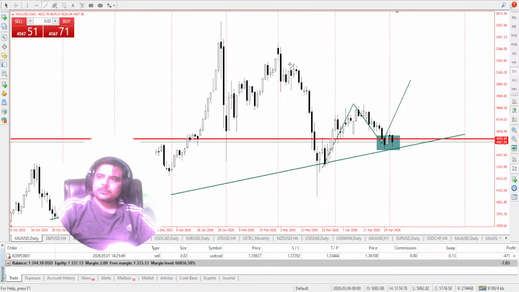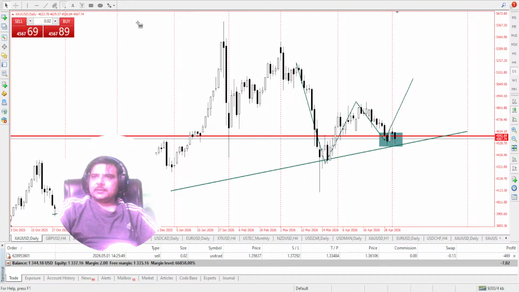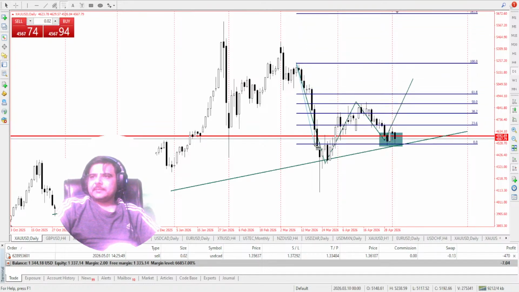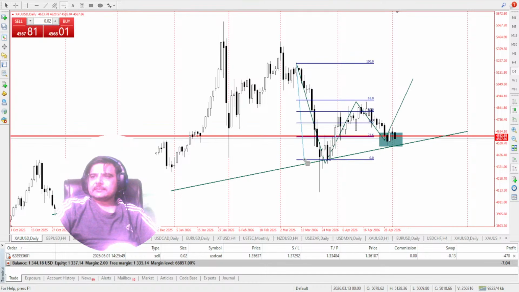Oh, gold stopped out. No problem. So on the gold daily time frame, have a look at this, and this is again a 61.8% retracement area.